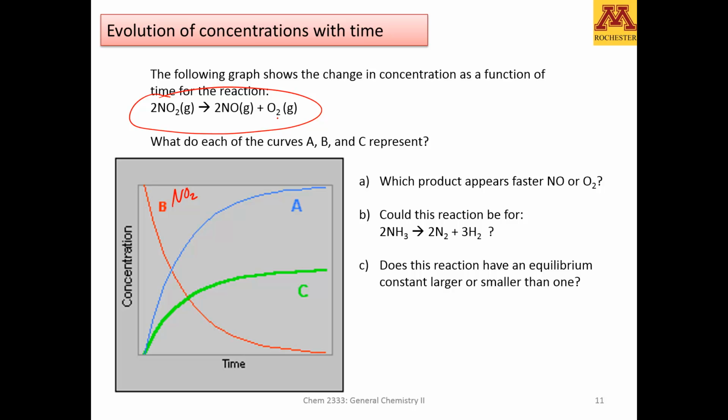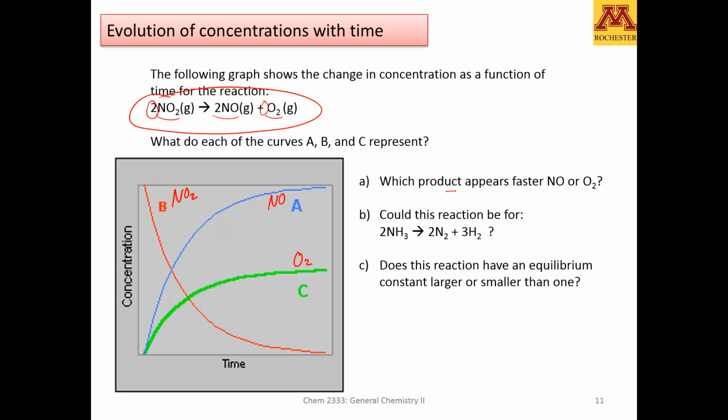And notice that for each mole of nitrogen dioxide there will be 2 moles of nitrogen monoxide and 1 mole of oxygen. So oxygen will appear not as fast as the reactants disappear. So this will be oxygen because it does not appear as fast. For each 2 moles, only 1 mole, so half of those moles, will appear as oxygen. Therefore, this will be nitrogen monoxide.